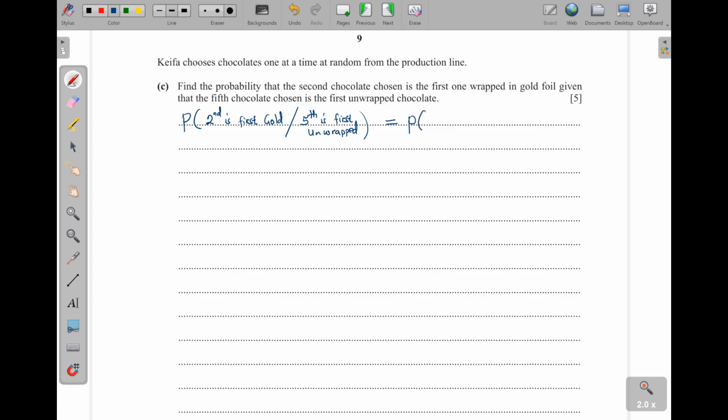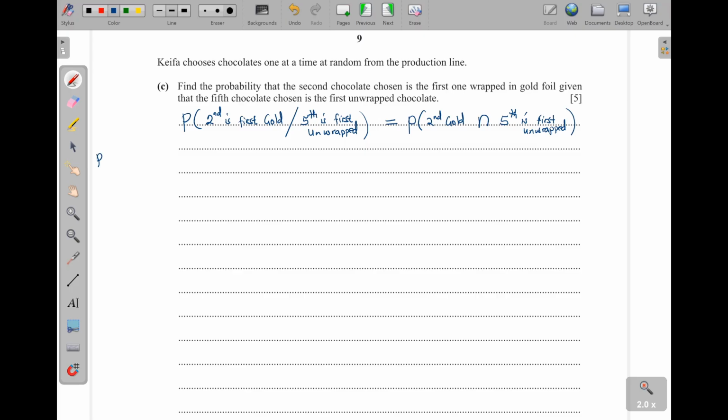That means I will have the probability of second gold, the first gold picked, intersection the 5th is the first unwrapped.